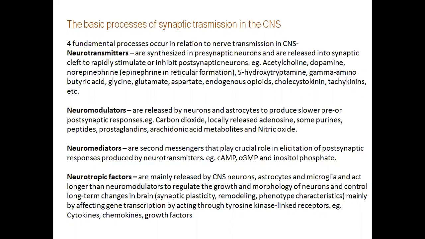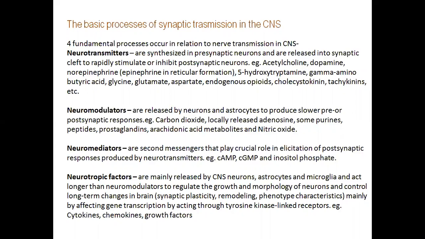Okay, next is neuromodulator. These neuromodulators are released by neurons and astrocytes to produce slower pre or post-synaptic responses. Examples are carbon dioxide, locally released adenosine, some purines, peptides, prostaglandin, and many others.